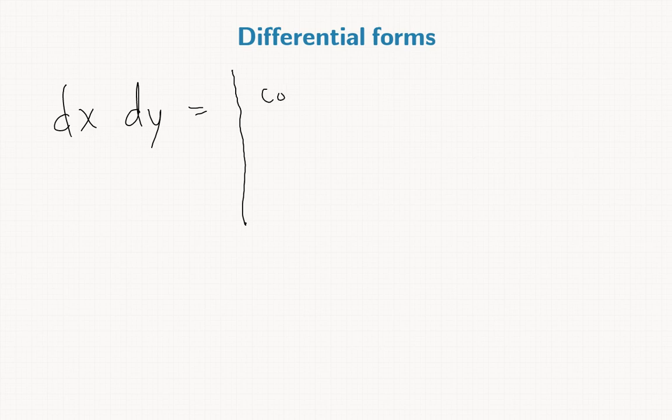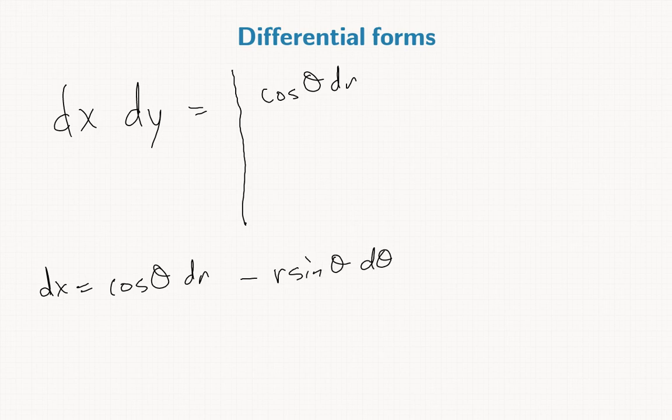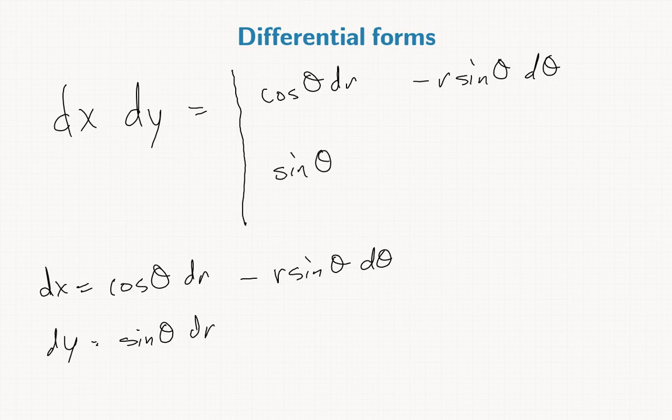So what did we say? dx was cos theta dr minus r sin theta d theta, and dy was sin theta dr plus r cos theta d theta.